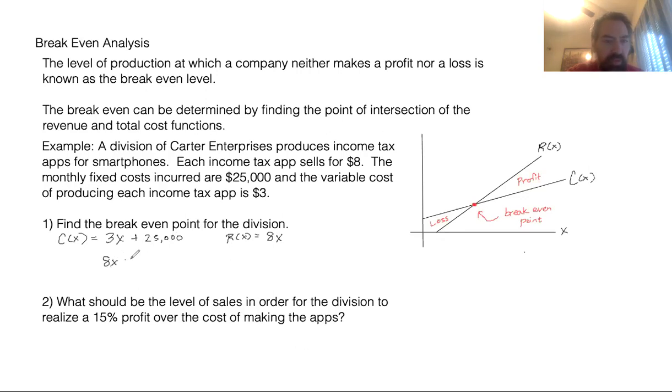Revenue equals cost: 8X = 3X + 25,000. And solve for X. We can solve for X by subtracting 3X from both sides. 8X minus 3X is 5X, so 5X = 25,000.